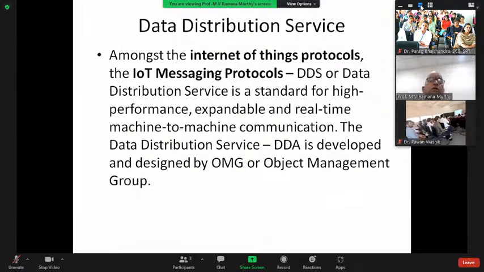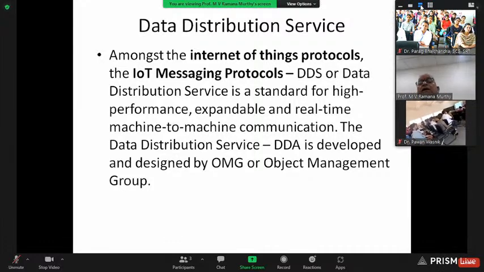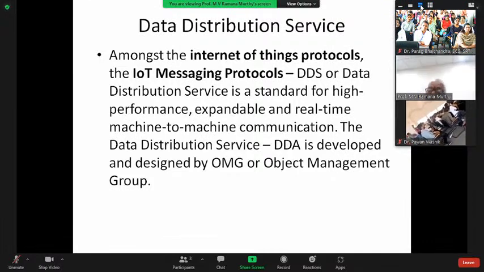Next. Data Distribution Service, among the Internet of Things message protocols. DDS is a strong standard for high performance, expandable, and real-time machine-to-machine communication. It was designed by OMG, the Object Management Group.